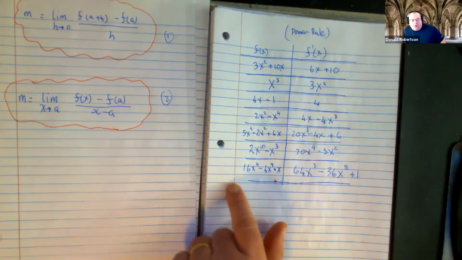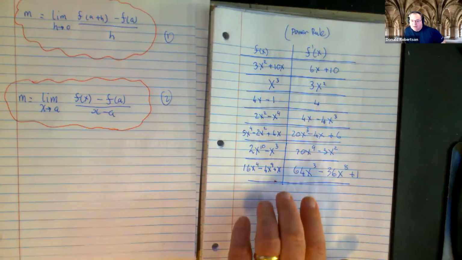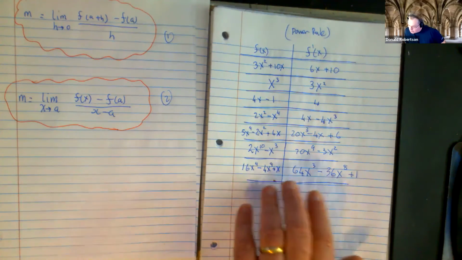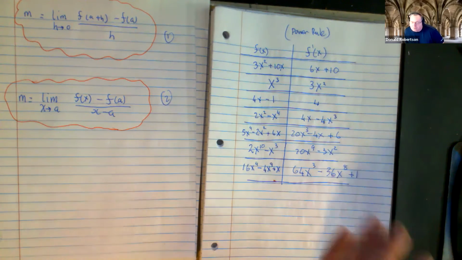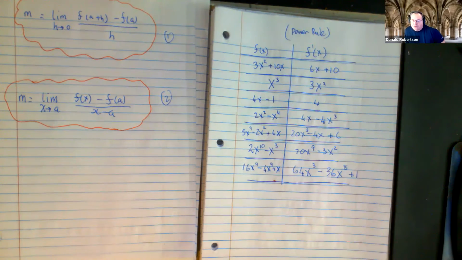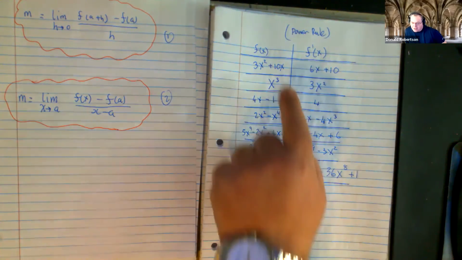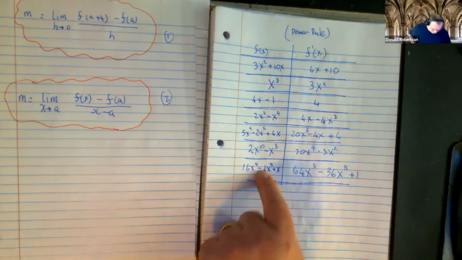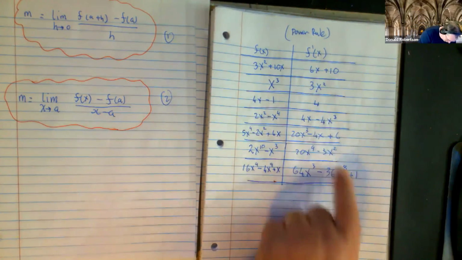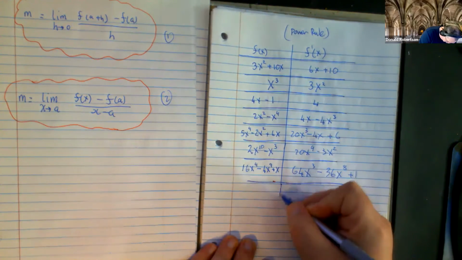So what we've got here is basically a rule, a formula, a pattern, whatever way you want to phrase it, that allows us to take polynomials and find their derivatives. And this is the generic version of that formula.